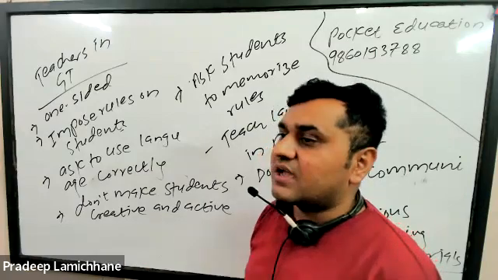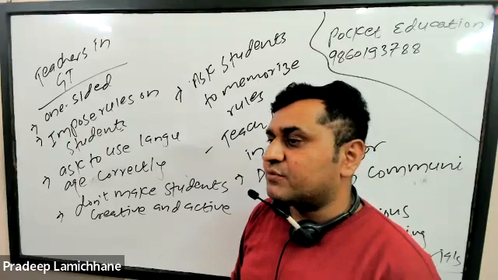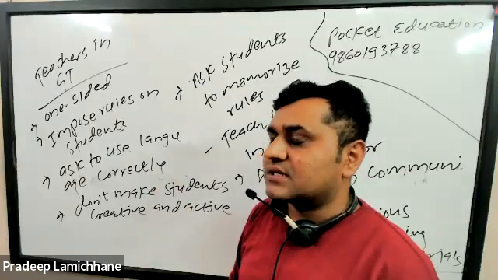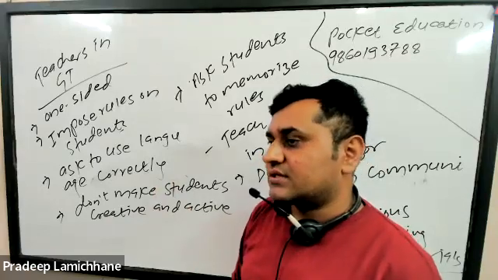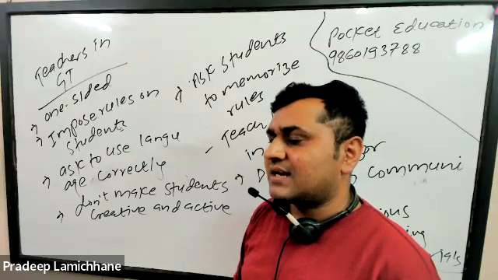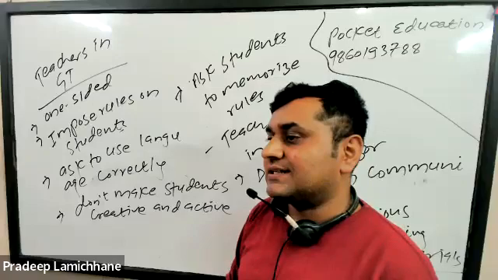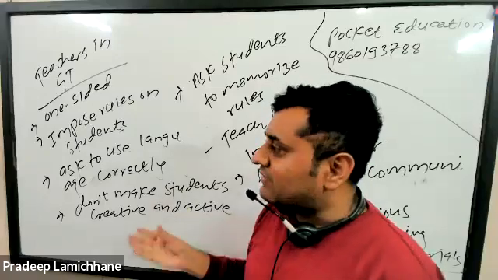It doesn't prescribe fluency. It doesn't care whether you become able to communicate or not. It doesn't care for whether you can write or not. It doesn't care for whether you develop some creativity in language use or not. Grammar translation method thinks that if you know grammatical rules, you are an expert in English. It thinks that if you know all grammatical rules, you become good at writing and speaking.